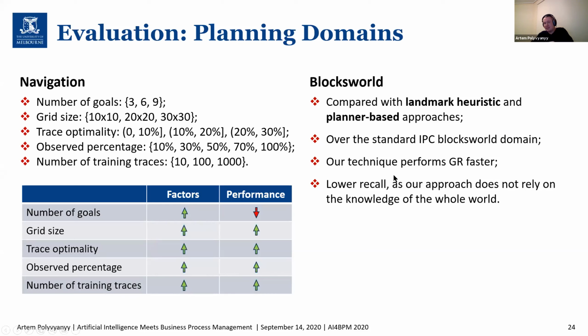We compared with some techniques in goal recognition that use planning and the knowledge of the full world. We often observe that we are faster in doing goal recognition, but also lower in recall, as our approach doesn't rely on full knowledge of the world, right?